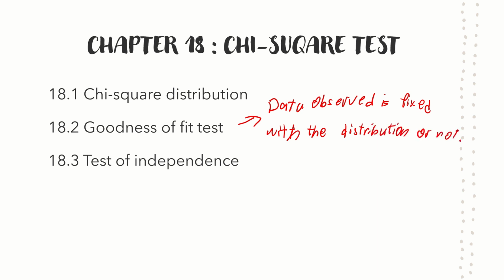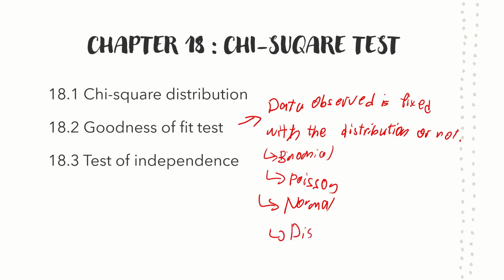You need to know. In distribution, we have binomial, Poisson, normal, and any other distribution can also come out with this.